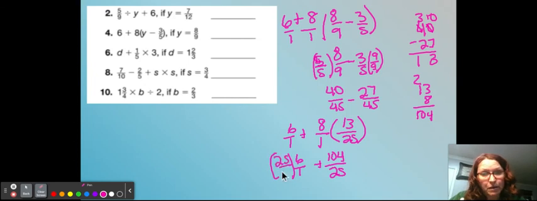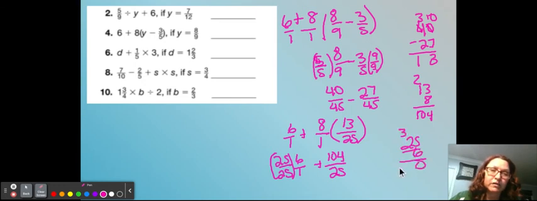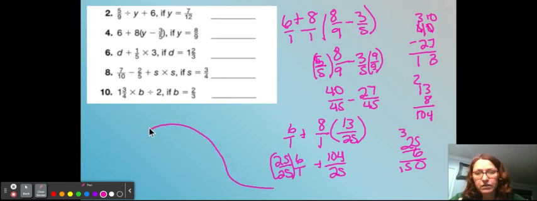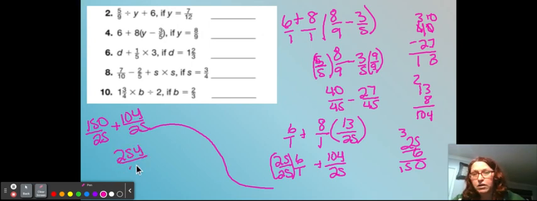So I'm going to multiply both top and bottom by 45. 45 times 6 is 270. Let me bring it over here. 270 over 45 plus 104 over 45. 270 plus 104 is 374 over 45.